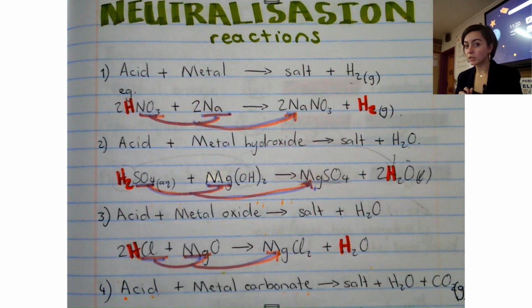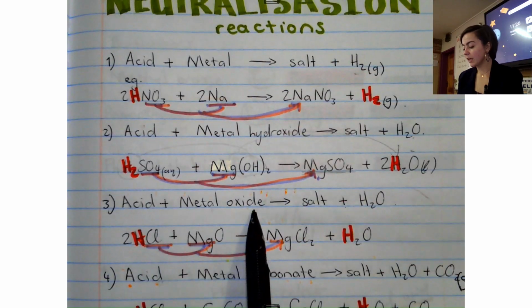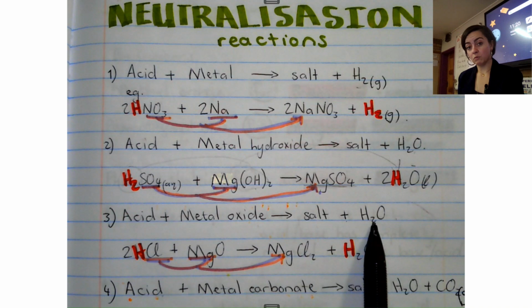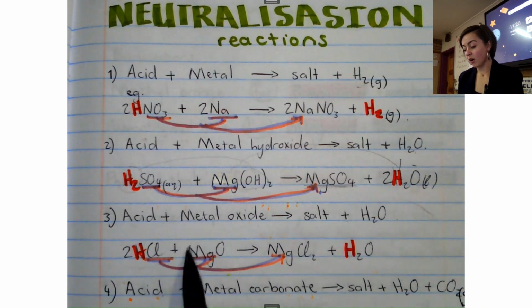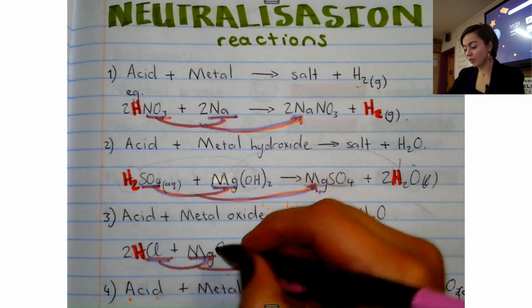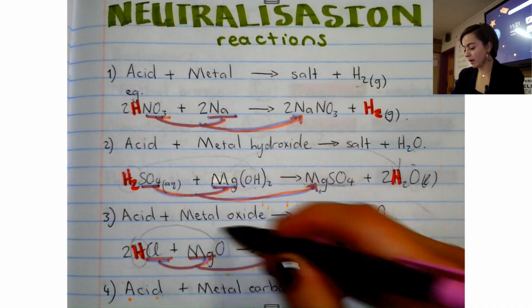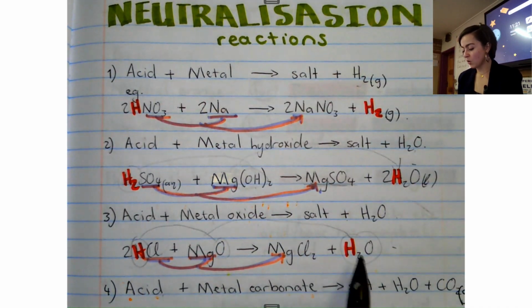Next one, also acid plus metal oxide gives us salt and water. Let's see why. Because here's hydrochloric acid, there's magnesium oxide. Now this oxygen and hydrogen come together and it will form my water over there. So there's my salt and water.